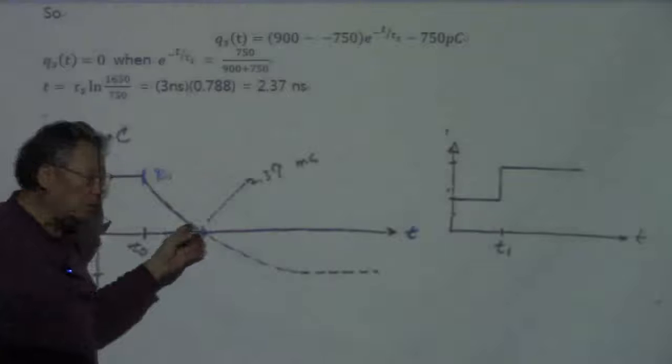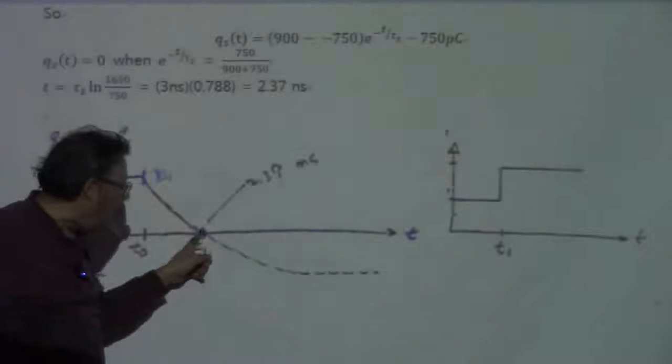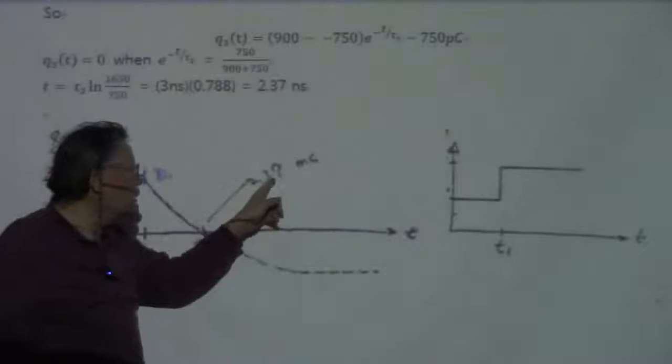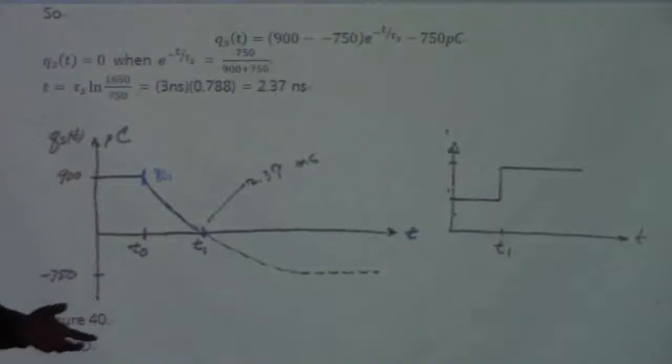Then it begins to respond to the input after this 2.37 nanoseconds. That means it's a delay. So this saturated charge is not actually good for our system operation, but it's inevitable.